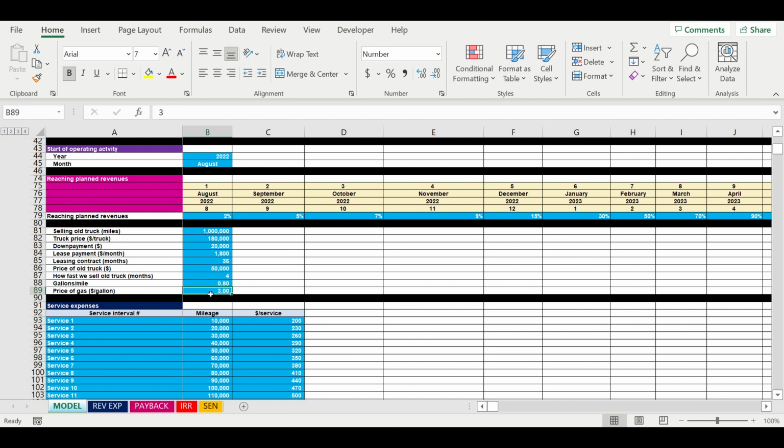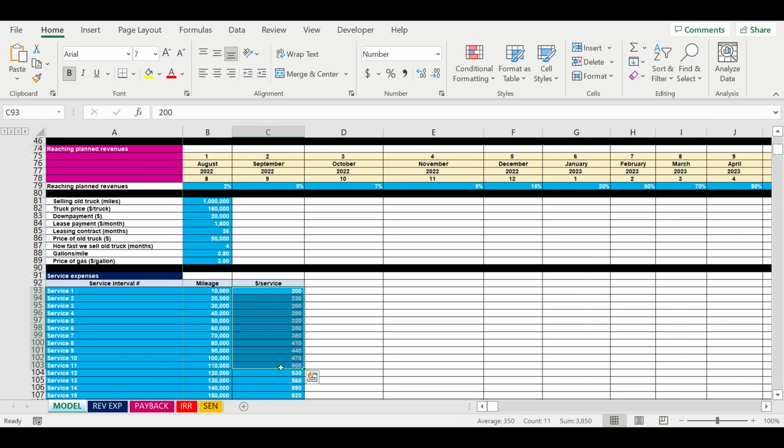So here we have the services. Here we have the mileage when this or that service occurs, and here we have the expenses that we have during these services. So service 1 occurs when the truck reaches 10,000 miles on its odometer, and the service will cost us $200, for example.